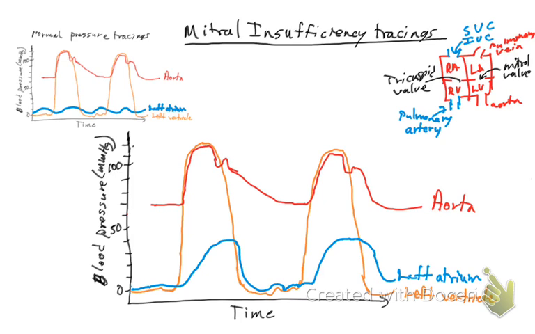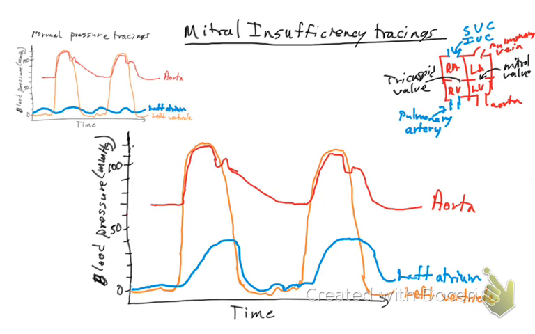So this is the mitral valve insufficiency in the trace lines. Remember that if the valve is not closing well when the ventricle pumps, the blood comes up to the left atrium, and the pressure in the left atrium is going to increase.